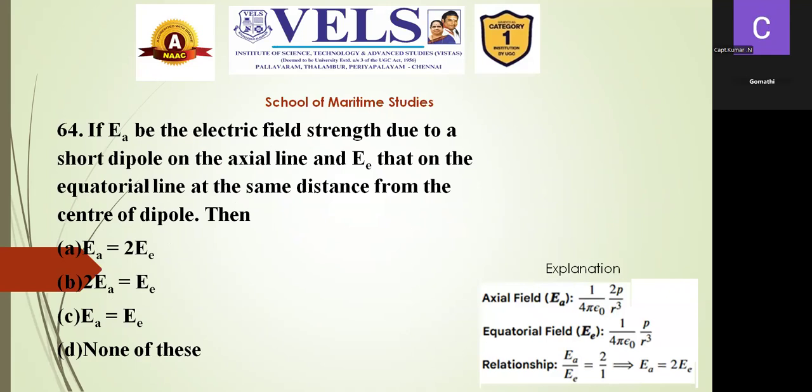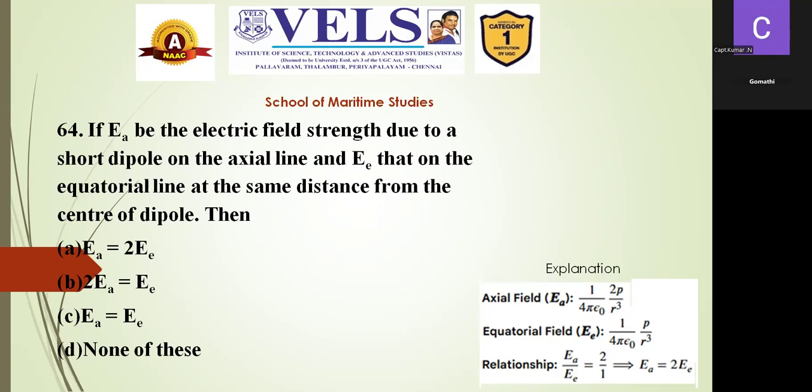If EA be the electric field strength due to a short dipole on the axial line and EE be that on the equatorial line at the same distance from the center of dipole. The axial field EA is equal to 1 by 4 pi epsilon naught, 2p by r cube.